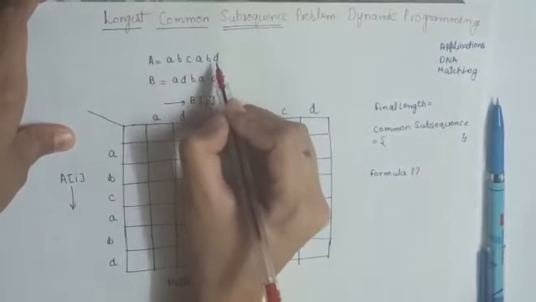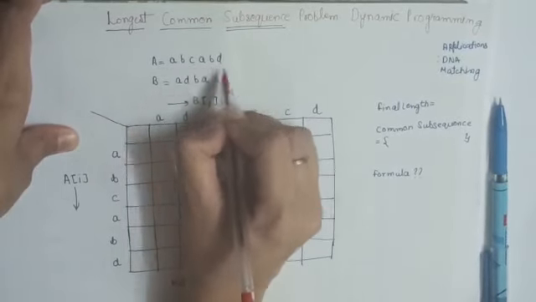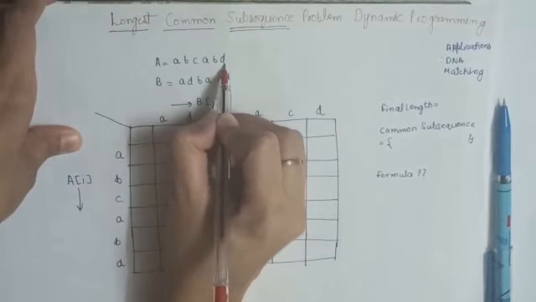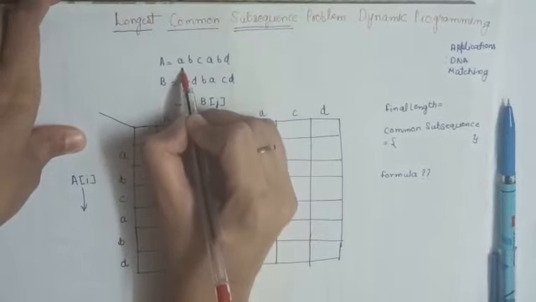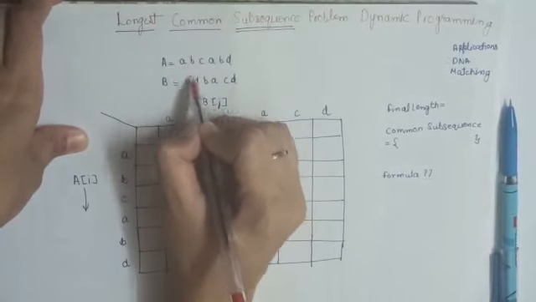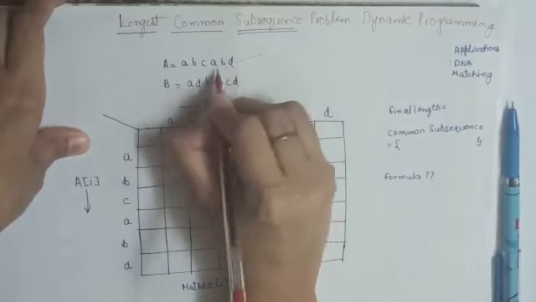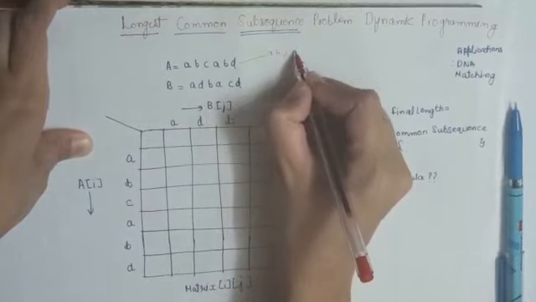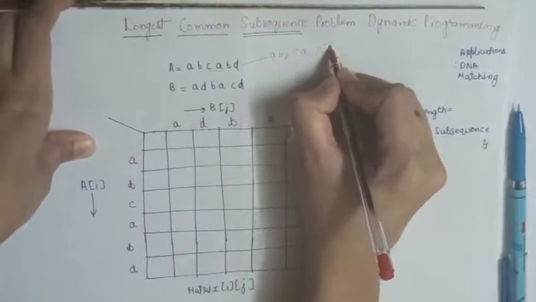We will see what is the subsequence of this string A. A subsequence of string A is a sequence of characters from this string that need not be continuous, but their order should match this string. Say, AB can be a subsequence, CA can be a subsequence, AD can be a subsequence.